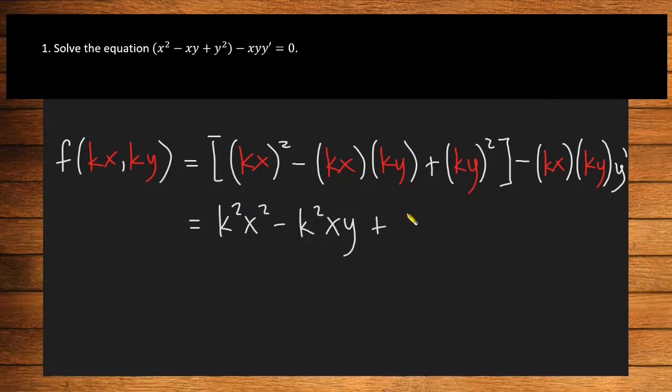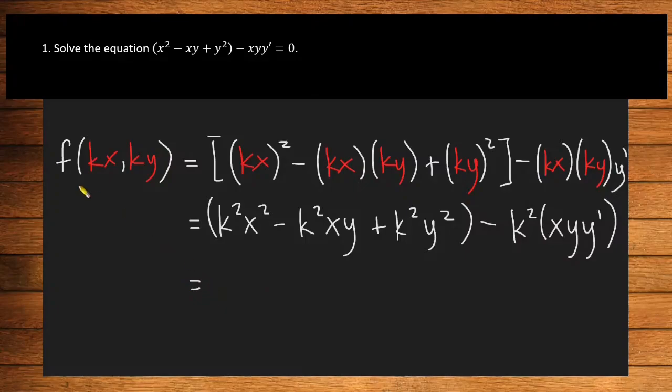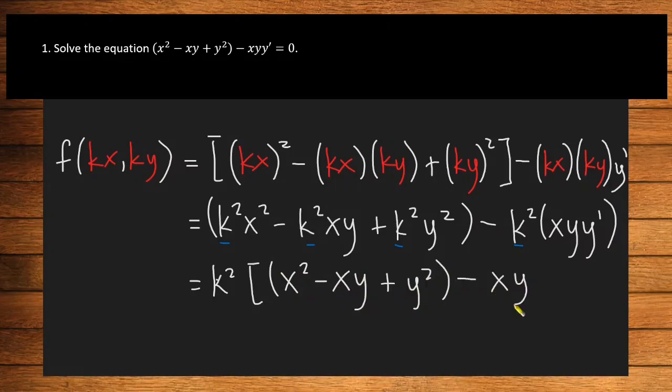And then we'll just simplify this. And after that, we will factor out k. So we can factor out k squared here. So we have k squared times x squared minus xy plus y squared minus xy y prime.